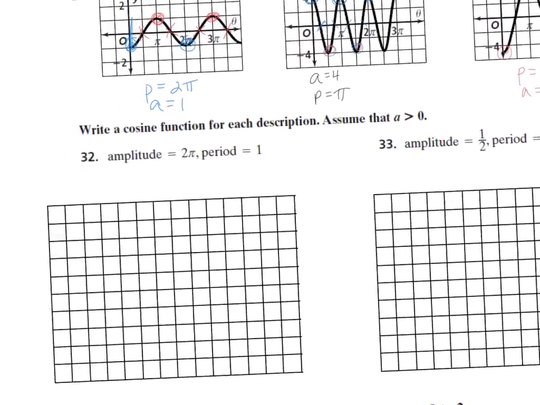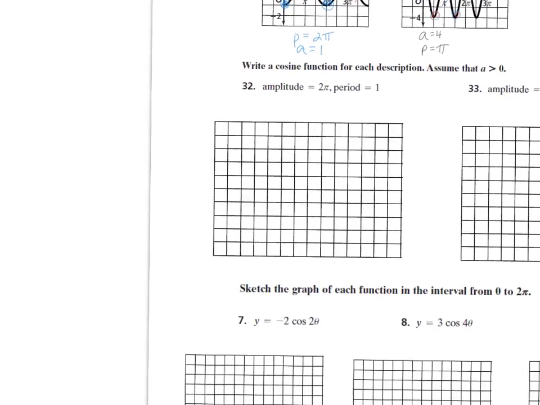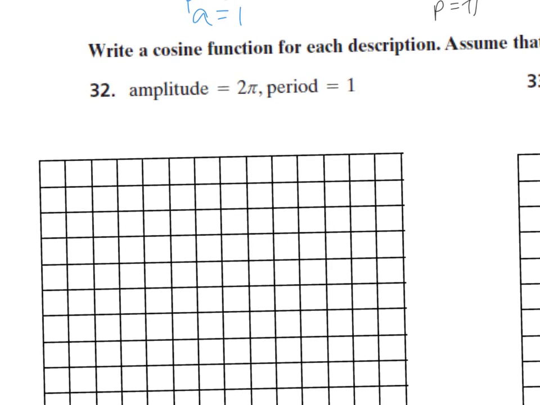Okay, write a cosine function. I don't have to graph it, but I'll graph below, so just write a cosine function. I'm going to use y equals a cosine of bx, where 2 pi divided by b equals the period. So I know that I have y equals 2.